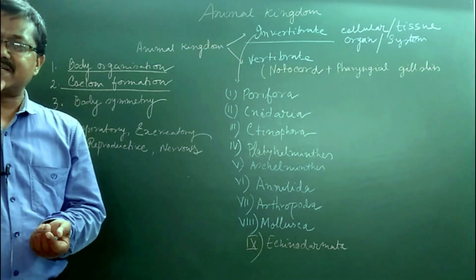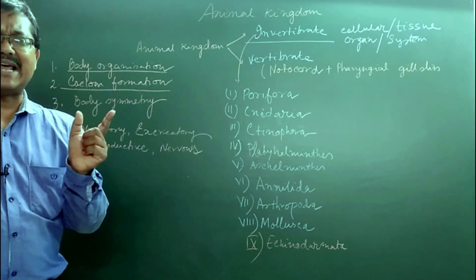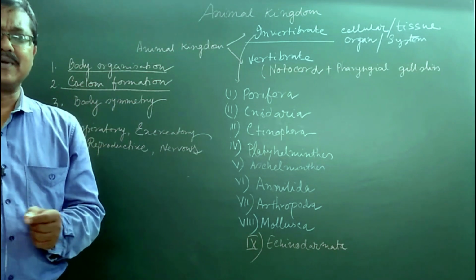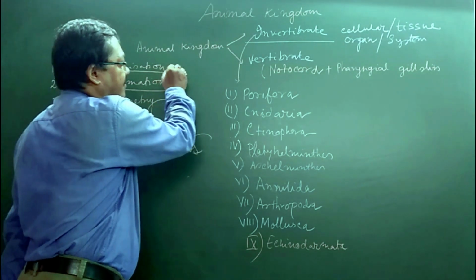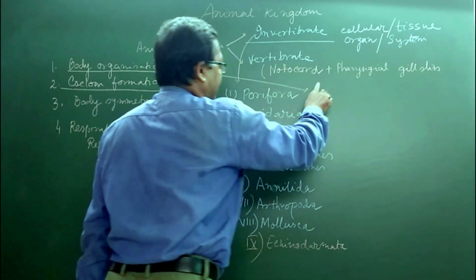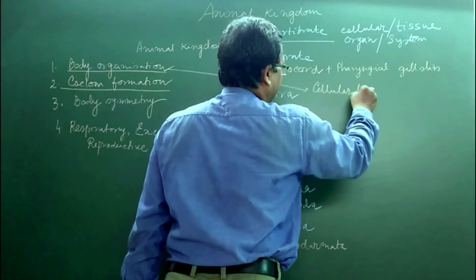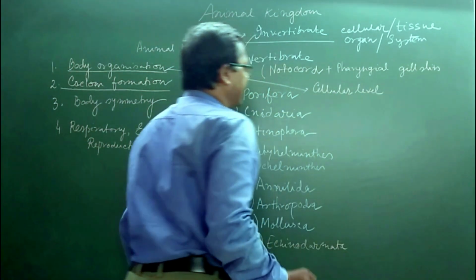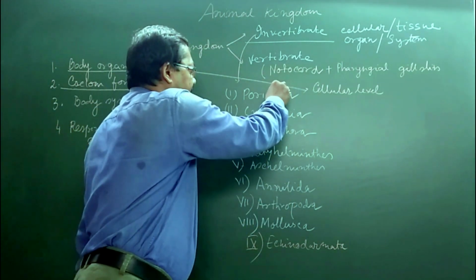Body organization may be simple or complex. The first is the cellular level, a very simple form, found in Porifera.